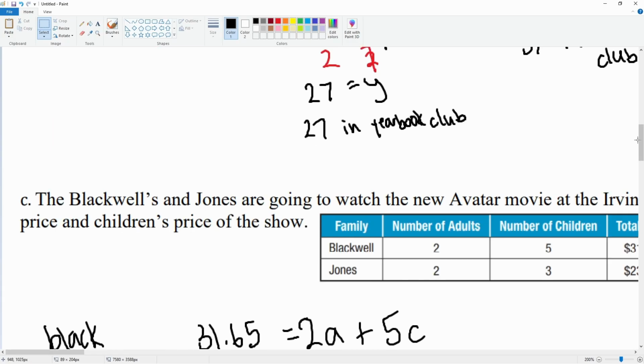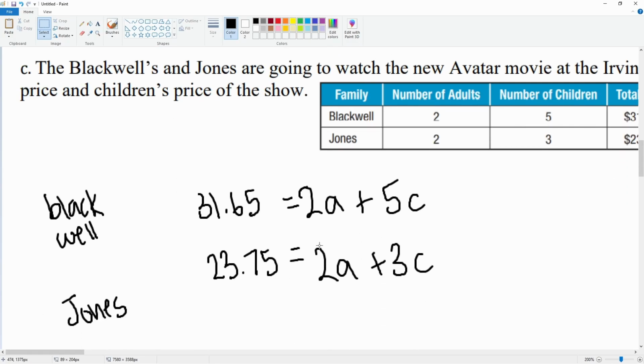Notice that here the adults are the same. So all I'm going to do is multiply the second equation by -1. So that's a negative, that's a negative. This goes away and becomes a negative. Now I'm going to add these two equations. Here you have $31.65 plus -23.75.